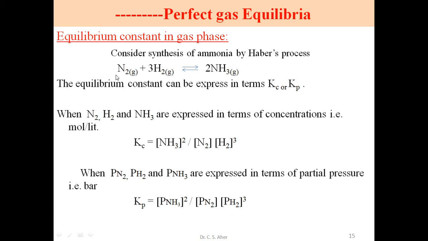When nitrogen, hydrogen and ammonia are expressed in concentration terms, that is moles per liter, the equilibrium constant is Kc, where C is concentration.